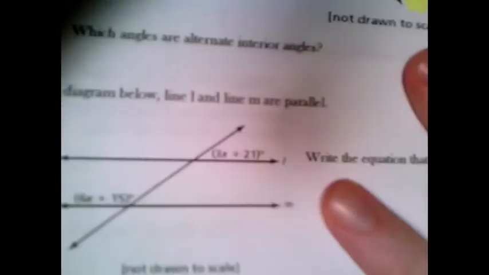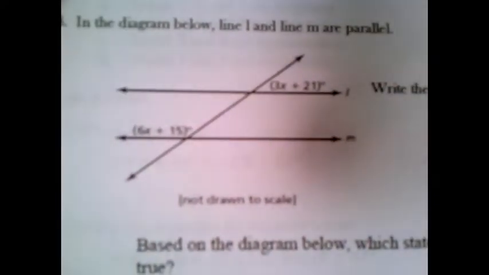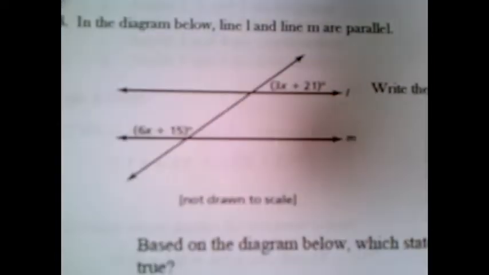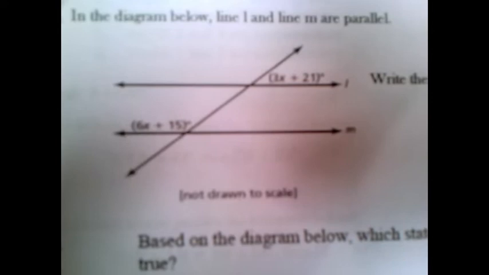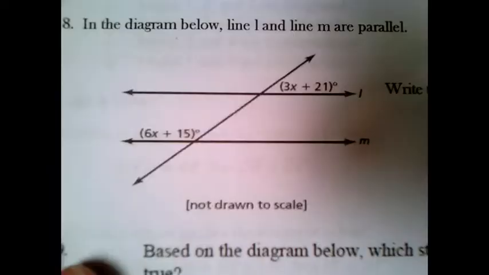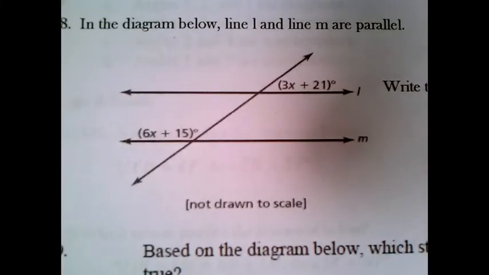So if you remember doing these, the way we did it was we looked at, there you go. Sorry, it's a little blurry. Sometimes that helps. That did not help. There we go. Okay.